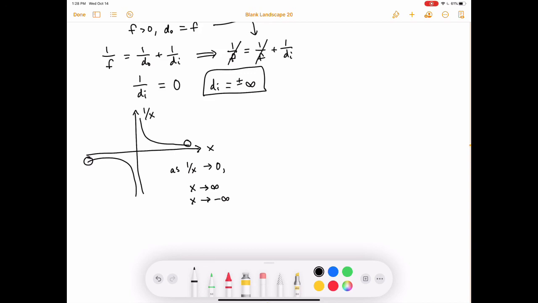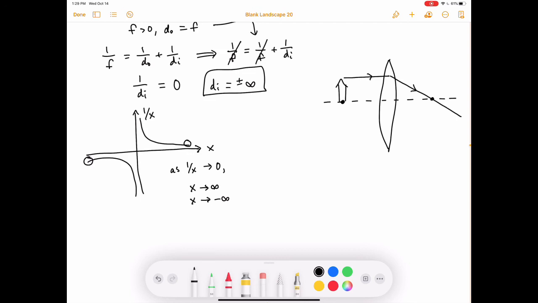So let's try to make sense of that using a ray diagram. Okay, we have the optical axis. We have a converging lens. And then we have a focal point here and here. And we have the object right at the focal point. So if we draw some of the principal rays, like this one, for instance, going parallel to the optical axis and then out through the focus like this.